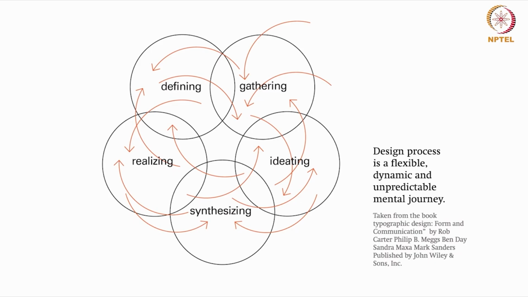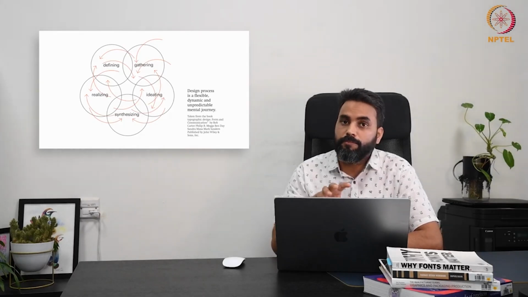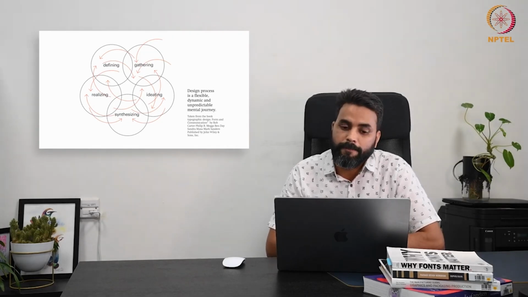But as visible on the screen, these stages are overlapping, and you go back and forth. You go forward, and then if something is required, you go back, do the research again, and try to find relevant information which can help you proceed further. So I hope you will remember that the design process is not a linear process.